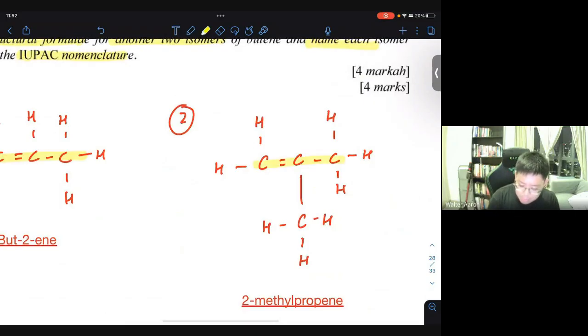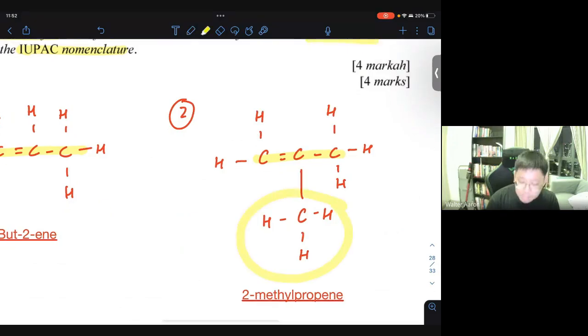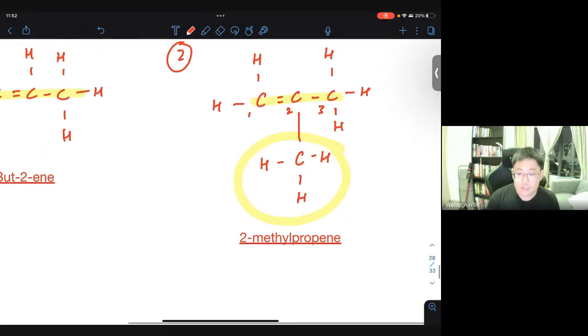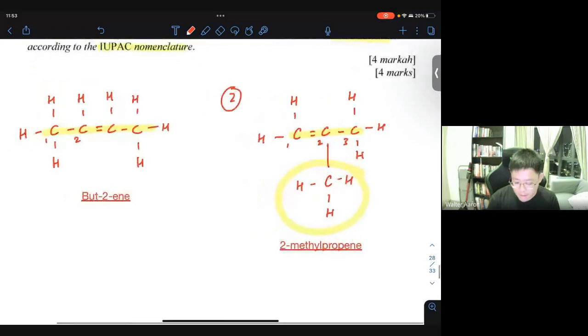So this is the linear chain, and this is the branch, technically. So we call it an alkyl group. So this is a methyl. The methyl is actually attached to carbon number 2. So we call this 2-methylpropene, or 2-methylprop-1-ene also can, but it's usually just called 2-methylpropene. Okay, so the 2 structures that you draw correctly and you name correctly, you should be able to get 4 marks in total. Okay, very simple.